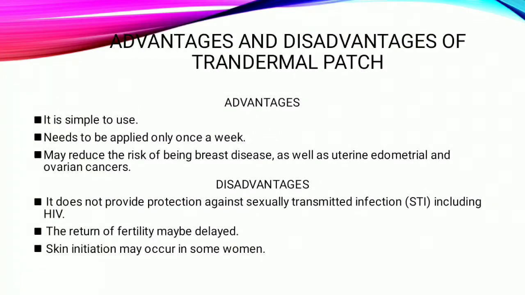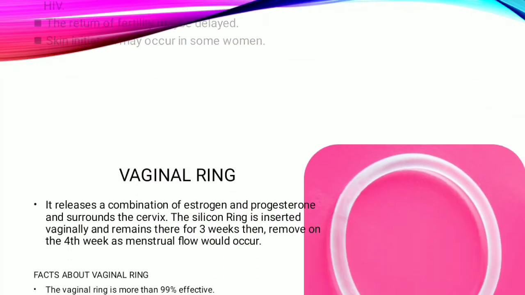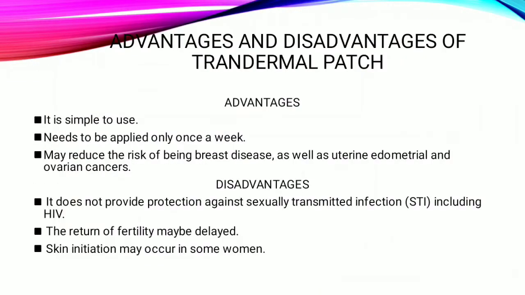Skin irritation may occur in some women. In using transdermal patch, it also has minor side effects such as headaches, hypertension, nausea, breast tenderness, depressive mood changes, intermenstrual spotting or bleeding, and vaginal pruritus or discharge.